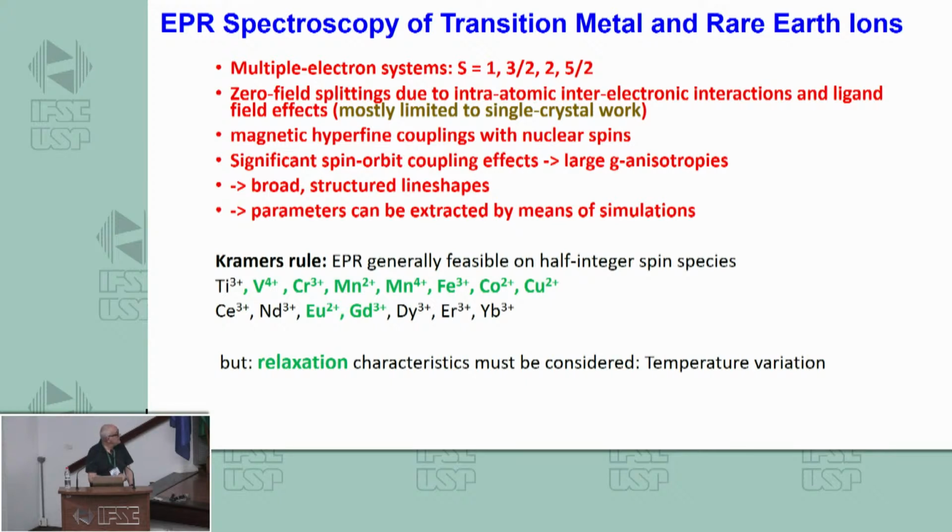But the ones in black, you will also be able to see if you are adjusting the temperature, going to lower temperature. Because at lower temperature, the relaxation slows down. It is the low-frequency lattice vibrations or vibrations in the network that cause relaxation, and you're freezing them out as you go to lower temperature.